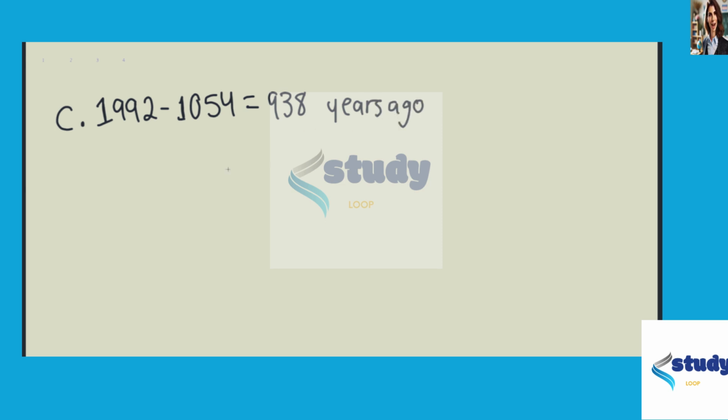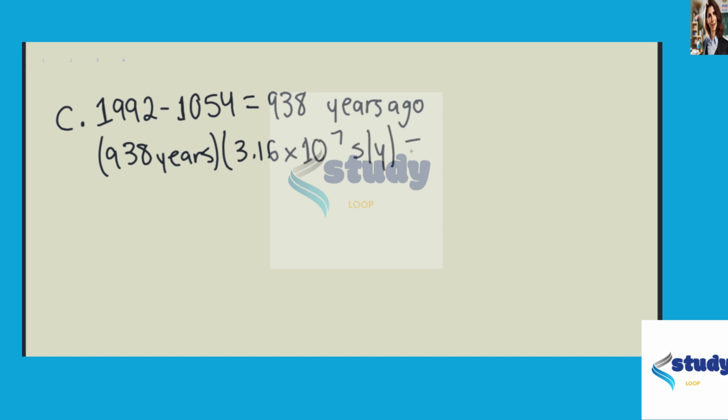Let's calculate this in seconds. 938 years multiplied by 3.16 times 10 to the seventh seconds per year. This is giving us 2.96 times 10 to the 10th seconds. And we can figure out its angular velocity at that time.